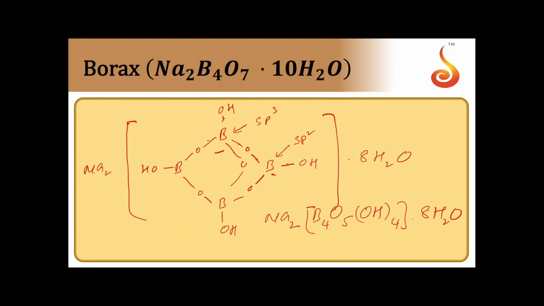It is also called sodium tetraborate, nothing but the borax molecule. Some of them are sp3 hybridized boron atoms and some are sp2 hybridized boron atoms, so all boron atoms are not equivalent in borax. And there are 8 water molecules which are bonded to 2 sodium ions in the structure.